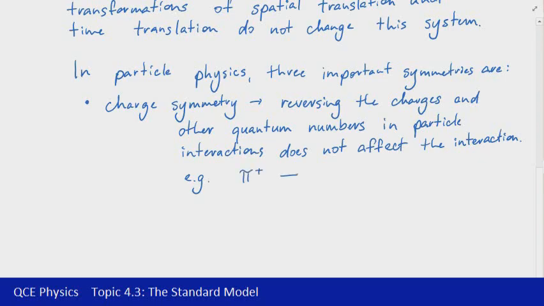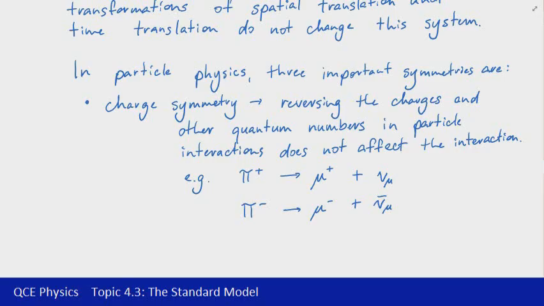We've seen that it decays into a positive muon, that's an anti-muon, and also a muon neutrino. Now, if we reverse the charges and reverse the quantum numbers, that really means that we're looking at all of the antiparticles of these particles, and so we end up with this as the interaction, and both of those equations make sense, they both work, the interaction still works in that context.